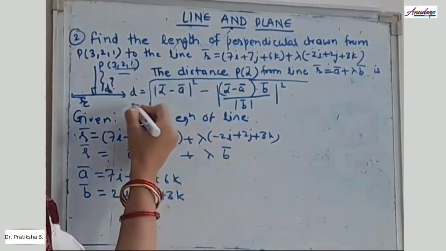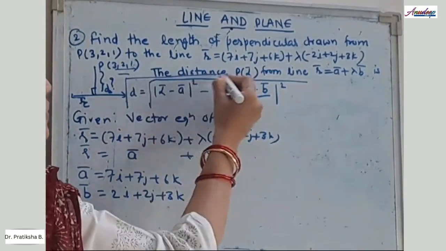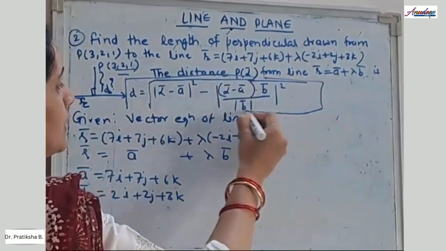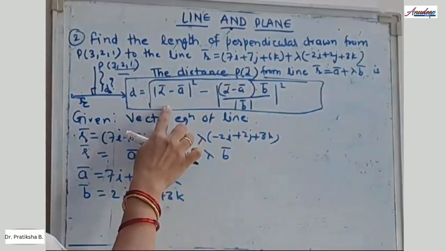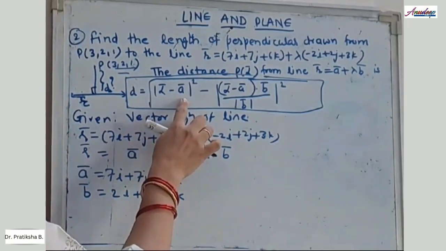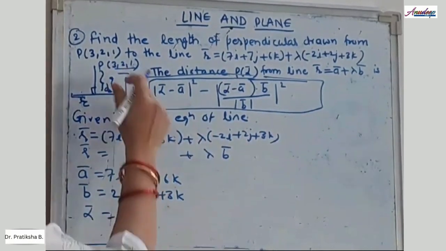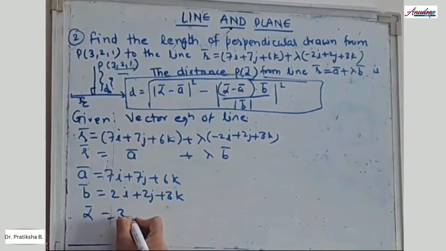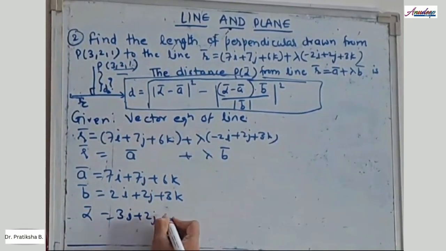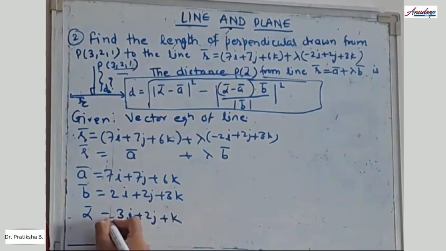And we know the formula we use to find the perpendicular distance of a point from the line involves alpha vector minus a vector. Here alpha is a point, so the alpha vector will be the coordinates of point P, that is 3i plus 2j plus 1k.